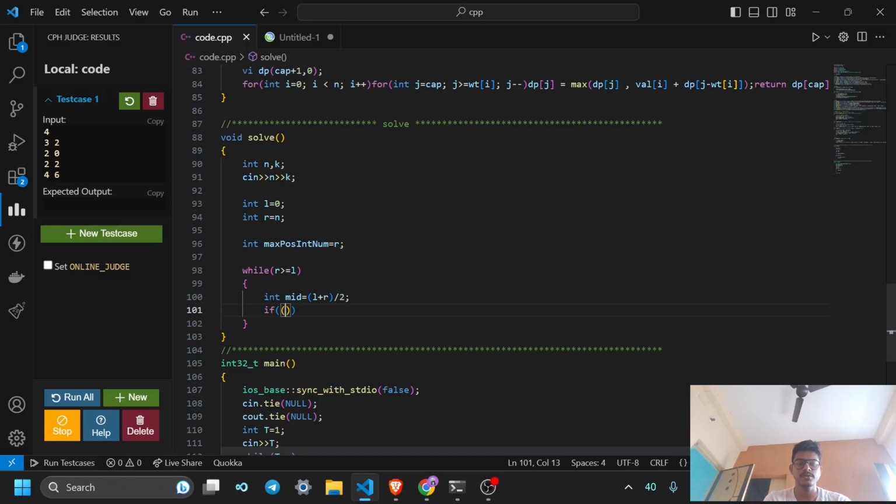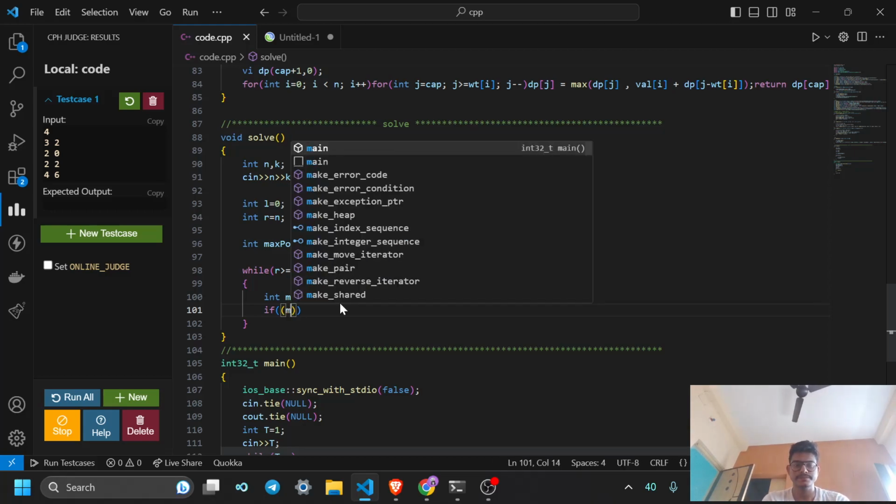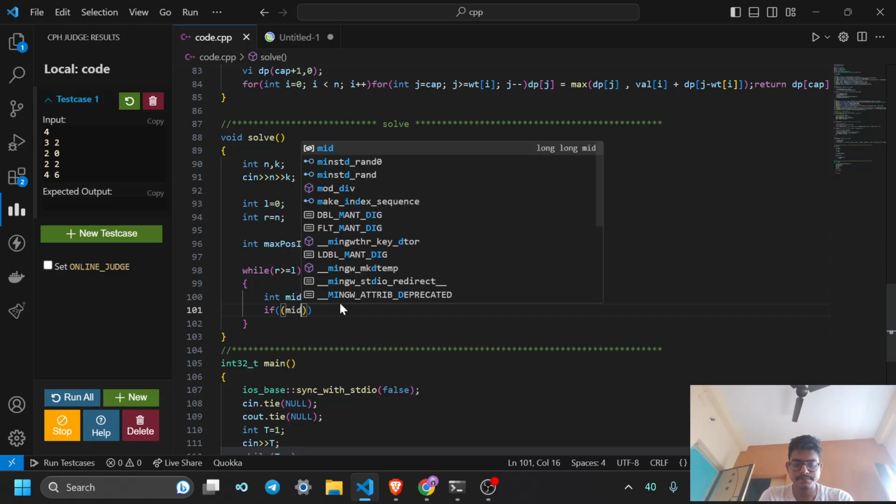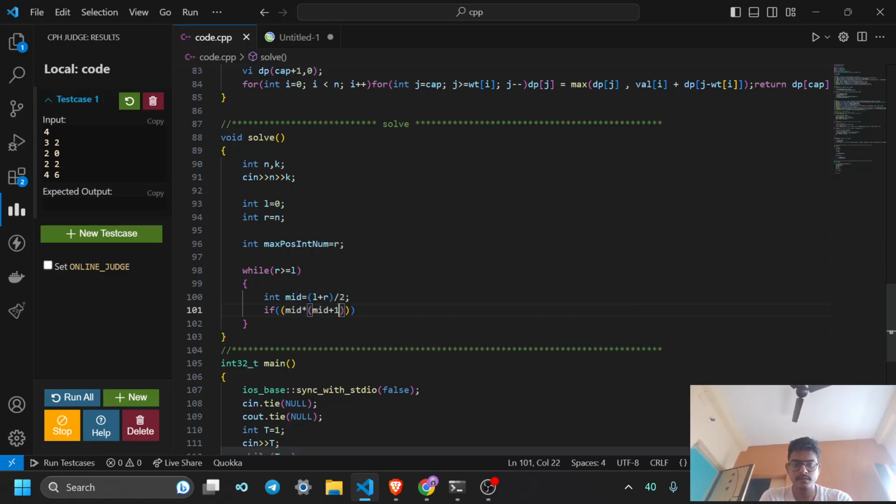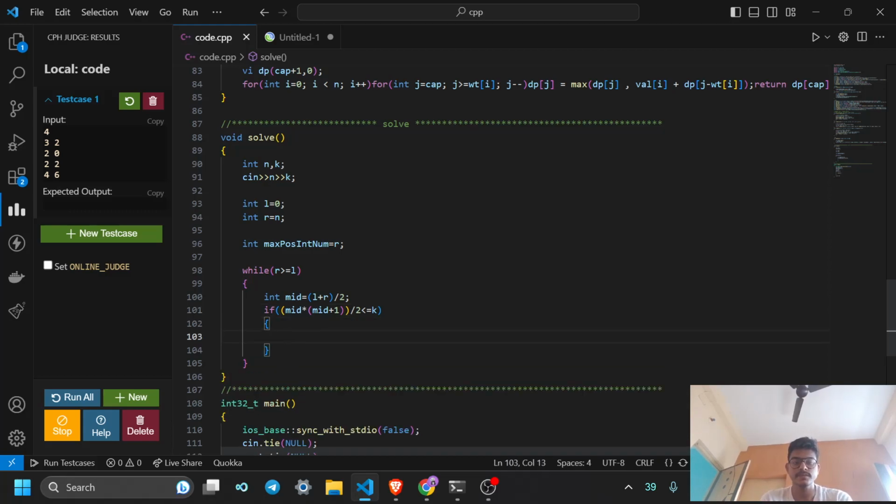So if this number is less than or equal to k, that means I can take mid number of positive integers. I can surely take mid number of positive integers. I can also take 0, anything you can take, that will not be a problem.